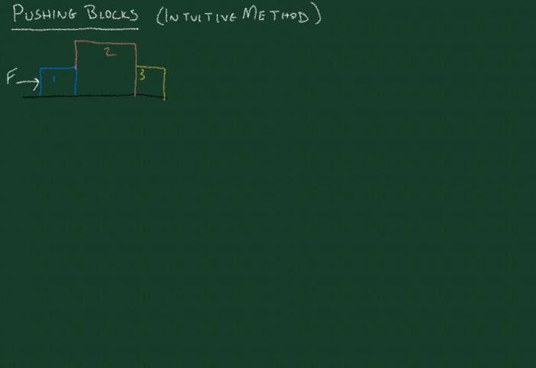So what we'll do is we'll take all three of them and think about this as if they were one giant object with a mass m1 plus m2 plus m3. So if we look at this combined object, then we see that the net force is equal to F in the x direction, 0 in the y direction.